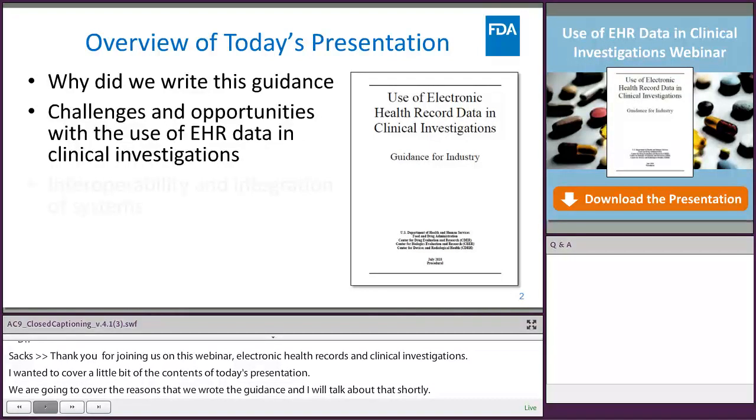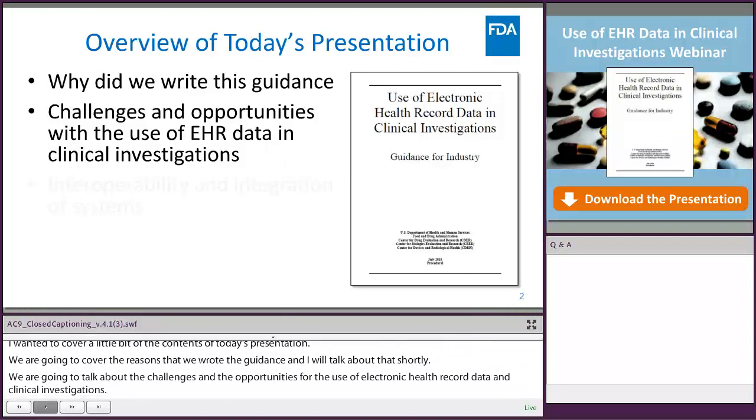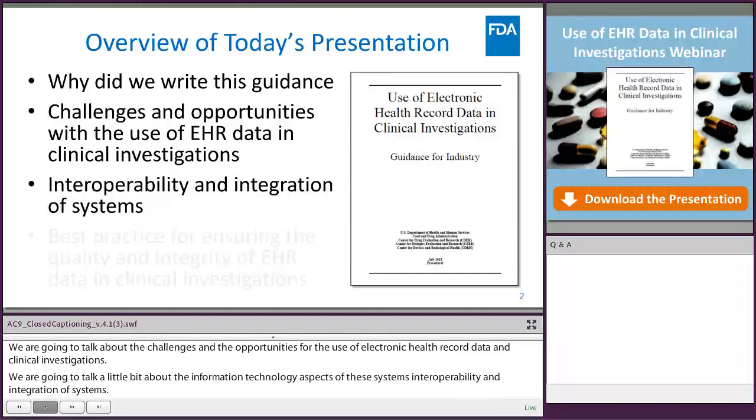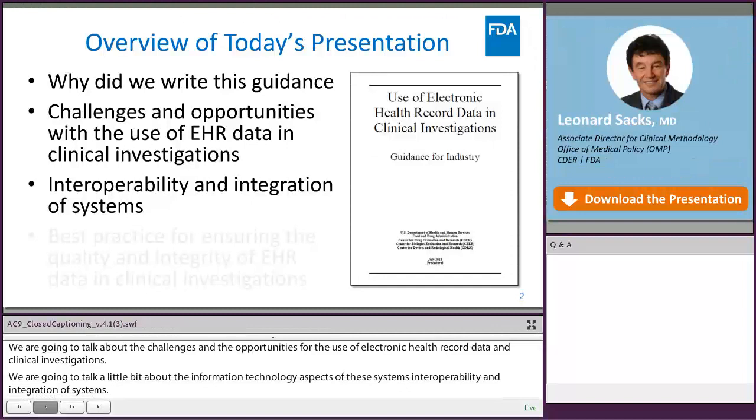We're going to talk a little bit about the information technology aspects of these systems, interoperability and integration of systems, and we're going to finish off with a fairly detailed dive into the guidance, which describes best practices for ensuring the quality and the integrity of electronic health record data in clinical investigations.